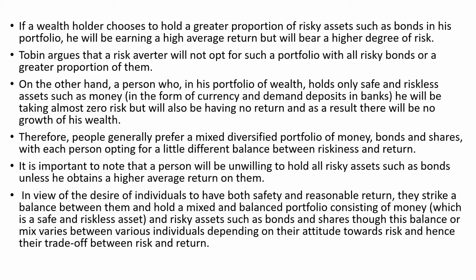On the other hand, a person who in his portfolio of wealth holds only safe and riskless assets such as money will be taking almost zero risk but will also have no return. As a result, there will be no growth of his wealth. So a risk averse person would be investing all his money in banks because he doesn't want to invest in bonds, as he is afraid of risk.